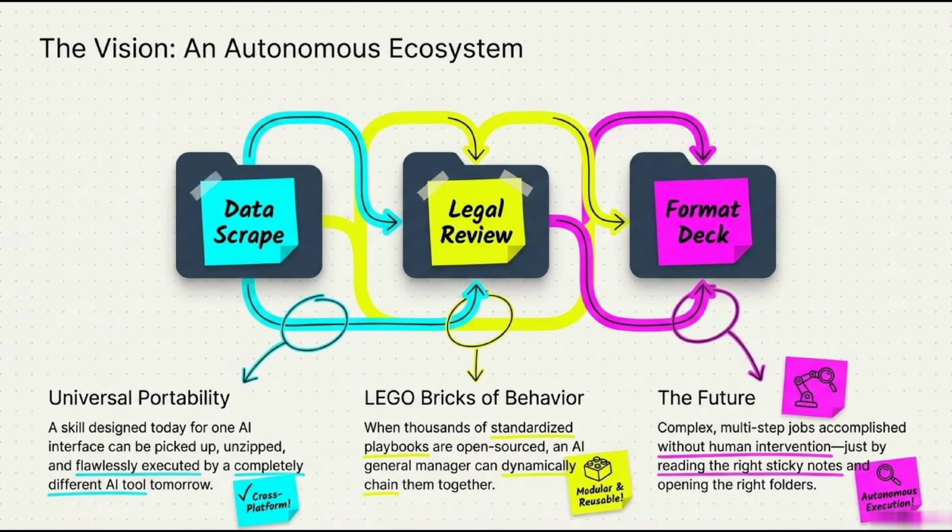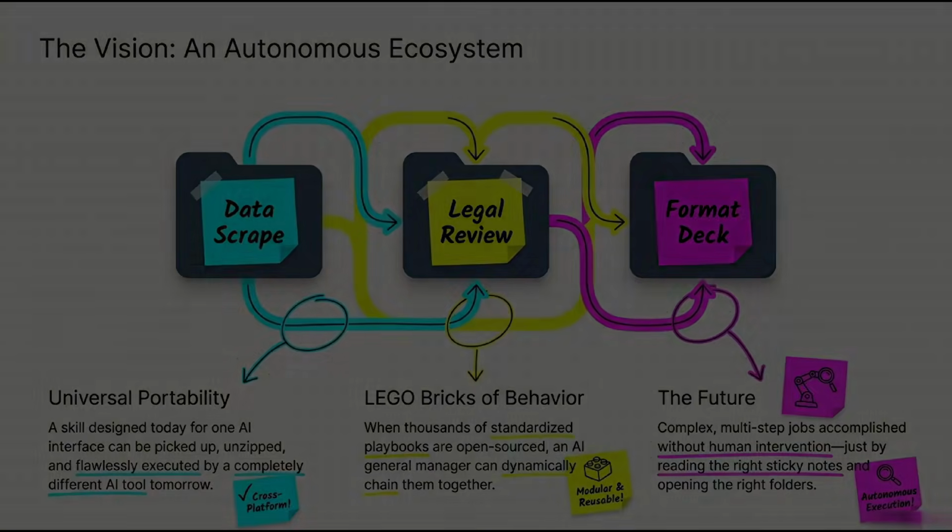Wait, really? Yeah, you give it a massive, vaguely defined goal, and without human intervention, it seamlessly chains together a data scraping skill it found from one developer, a legal review skill from another, and a presentation formatting skill from a third. Oh my goodness. It could accomplish massive multi-step jobs that we haven't even explicitly programmed it to do yet, simply by reading the right sticky notes and opening the right folders.